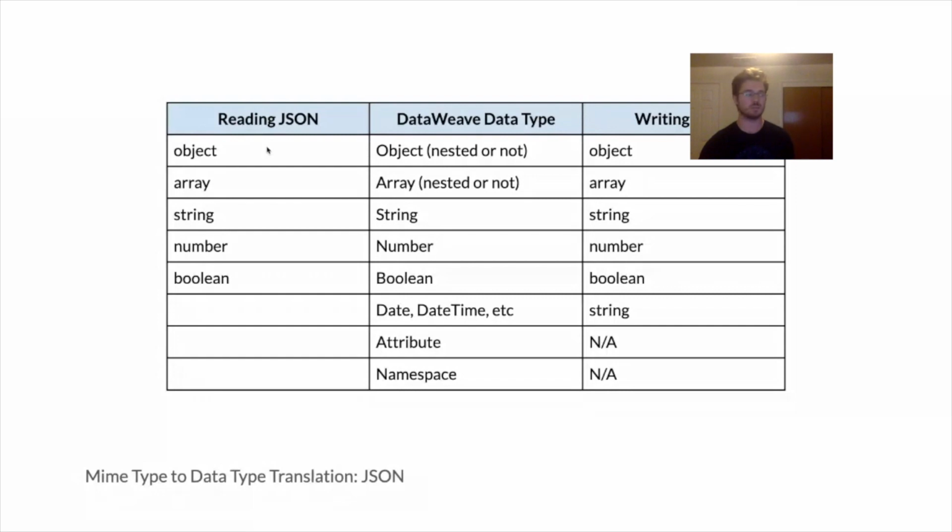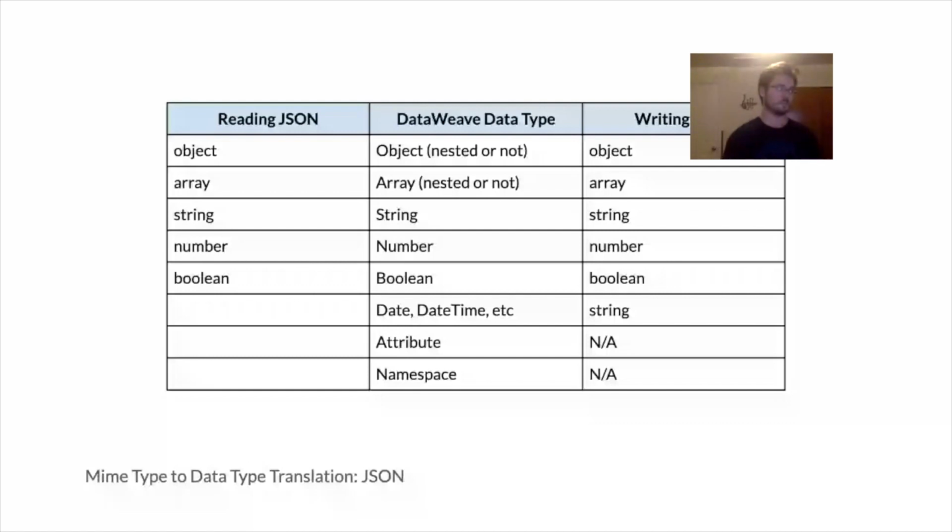But things like attributes and namespaces don't have any kind of representation in JSON. I don't think there's any way that you can see namespaces in the output of JSON, and the only way you can see attributes is by using particular writer properties. So now that we've talked about how JSON is very similar to DataWeave in its shapes and data structures, let's look at one that's not so similar.